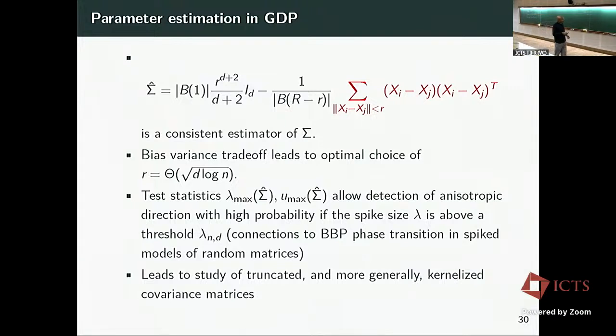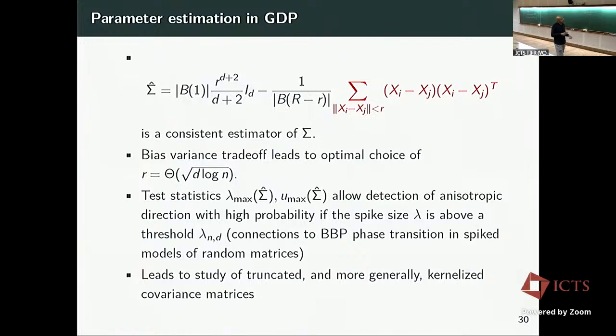If you look at this piece, which is a localized sum of rank 1 matrices based on pairwise points which are in some neighborhood of each other, and if you let R go to infinity and take all pairs of points, not just those in some local neighborhood, then you would get the sample covariance matrix.